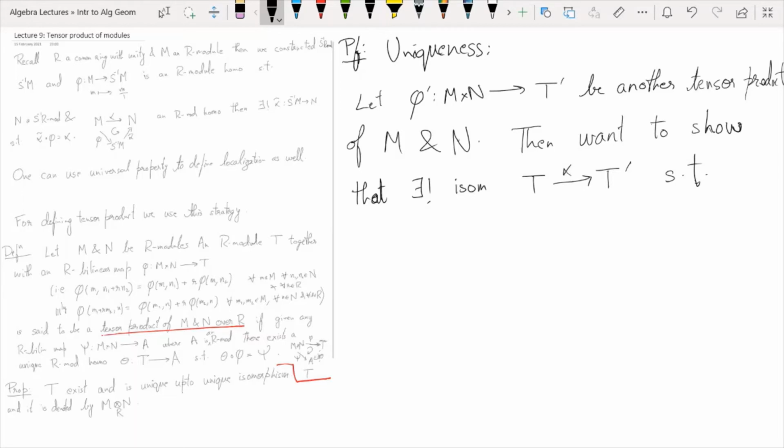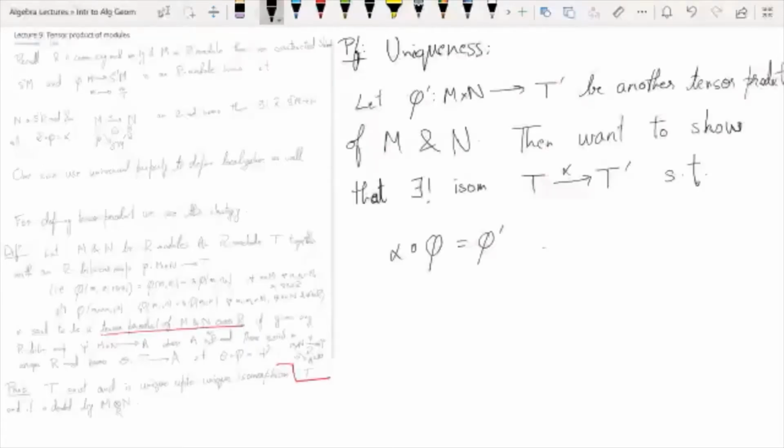So you have phi, a map from M cross N to T, and if you compose it with alpha, it becomes a map from M cross N to T prime. This should be the same as phi prime. Okay. So this is what uniqueness means. We will show that this happens. Okay, so this is what is meant.